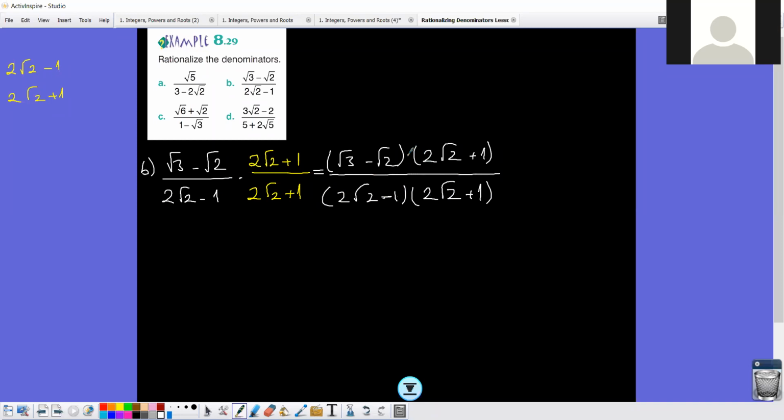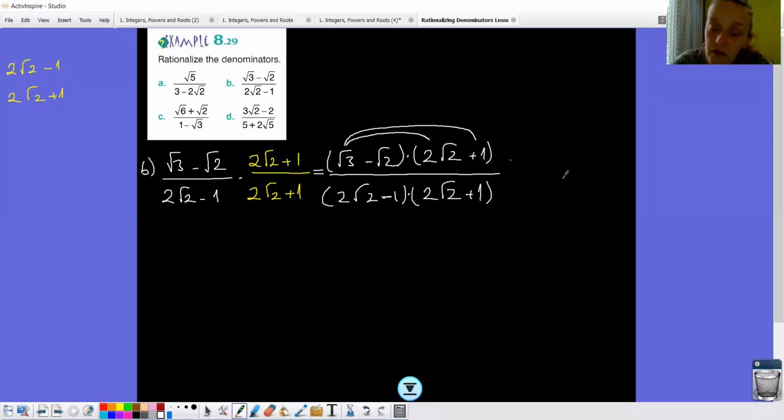Now I have multiplication of 2 binomials. So the rule here is to multiply one by one. First I'm multiplying with root 3. Root 3 times 2 root 2, and here plus root 3 times 1, which is root 3.